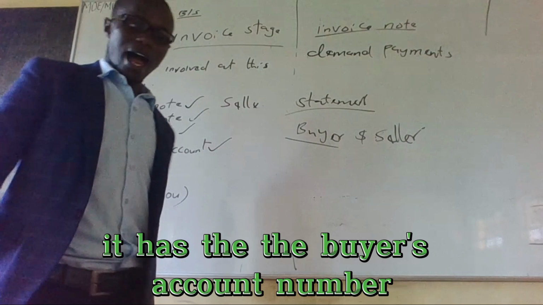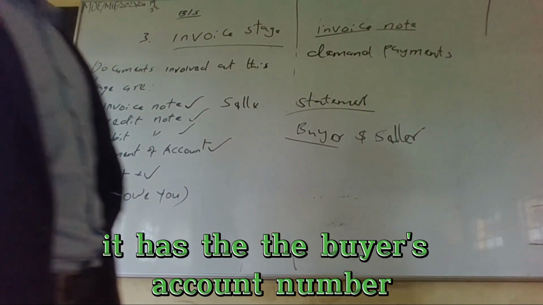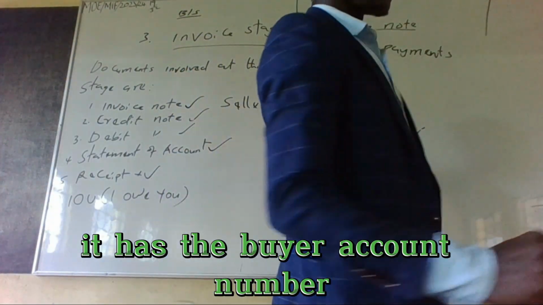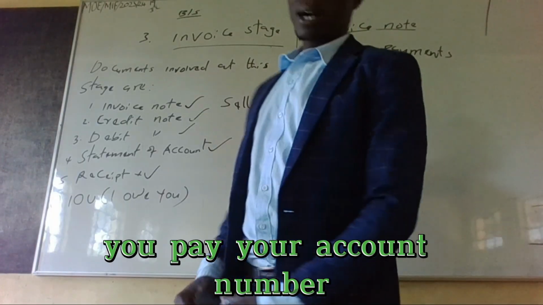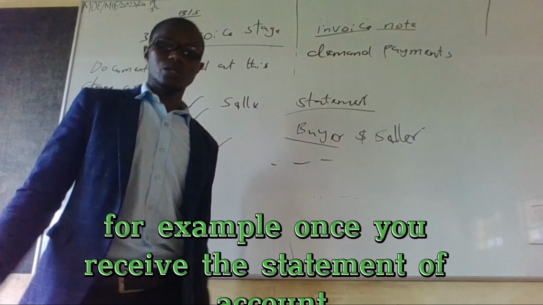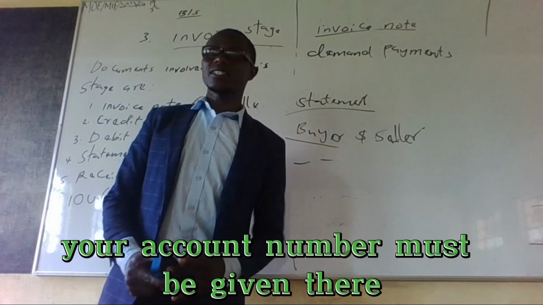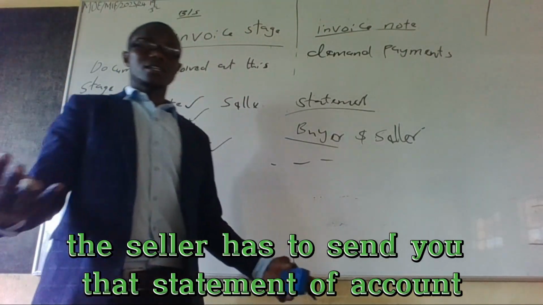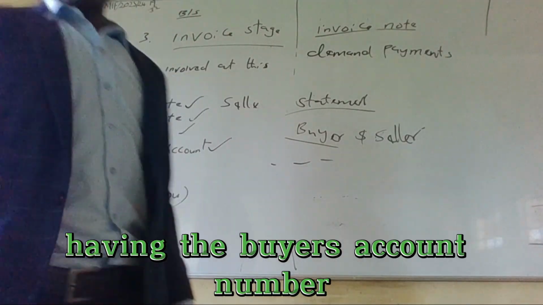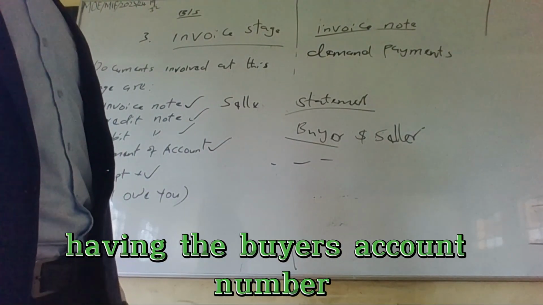Number 2, it has the buyer's account number. For example, once you receive the statement of account, your account number must be given there. So the seller has to send you that statement of account having the buyer's account number.